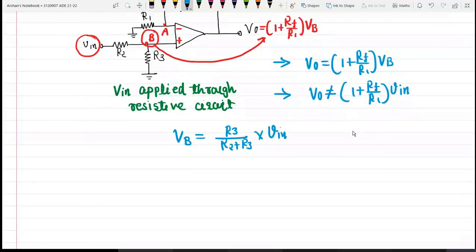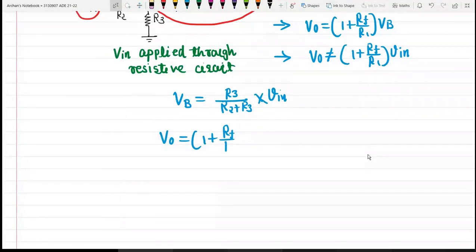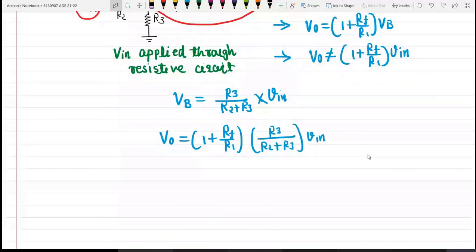Okay, so now my output voltage equation will become 1 plus Rf by R1 times R3 divided by R2 plus R3 into V in. Okay, this is the change.